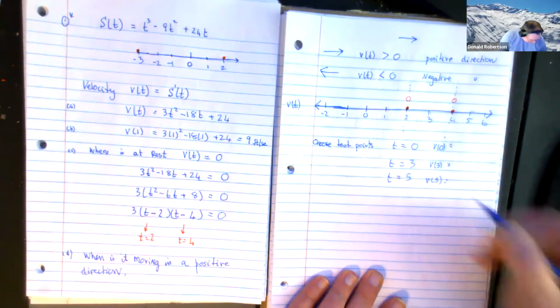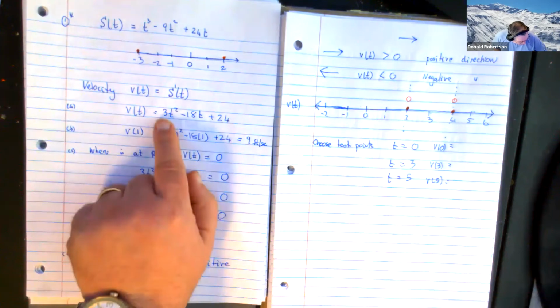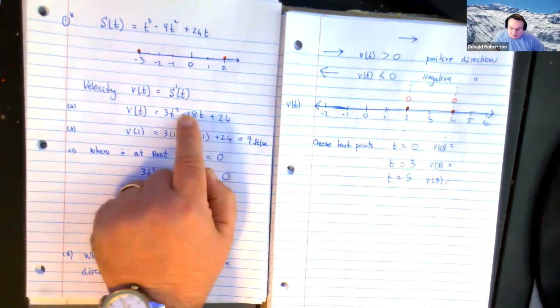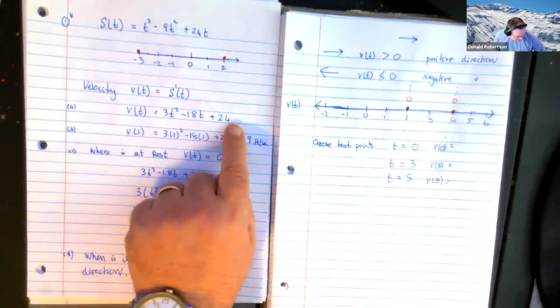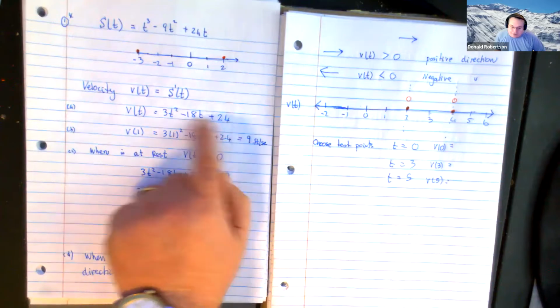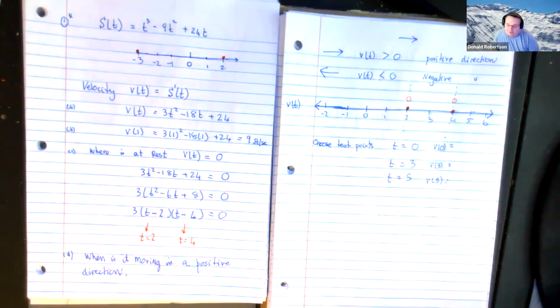You can find the velocity in 2 major ways. I already have the velocity function here. One of the ways is, couldn't I just plug and chug? Couldn't I put t equals 0, get the answer, t equals 3, get the answer, and t equals 5, get the answer, and that works. But when you get the answer, I don't want you to write 52 if the answer is positive 52.